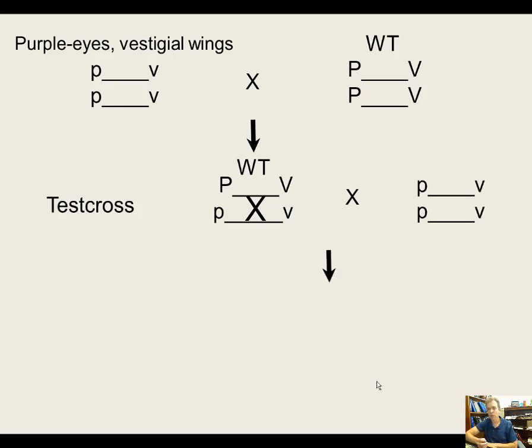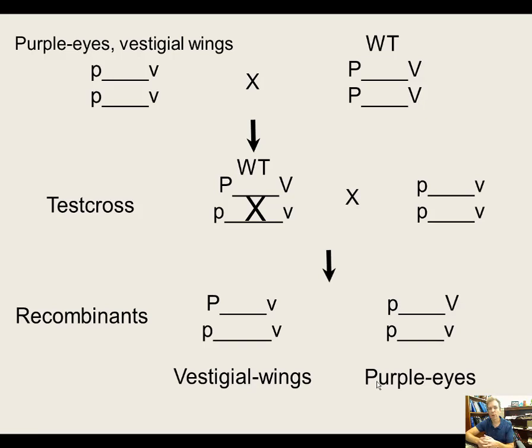You'll end up with crossover gametes. When those crossover gametes are fertilized by a gamete from the test cross, then you end up with the recombinant offspring, vestigial wings and purple eyes only.